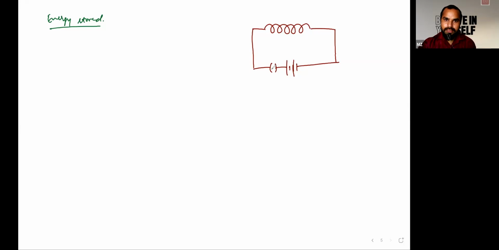So you can answer it like, on just switching on, a variable current would pass through this particular coil. Due to that particular nature of variableness, the coil has tendency to oppose by inducing a current.